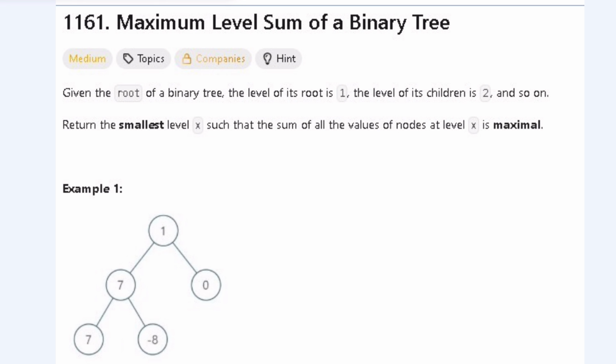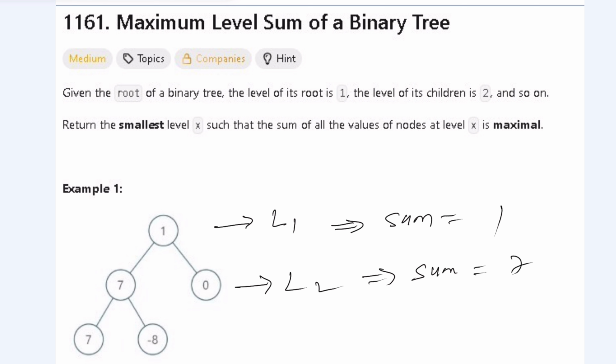Okay, so here this is L1, we can say level 1. If you want to find the sum, the value is 1. At level 2, L2, the sum is 7. At L3 the sum is 7 plus -8, which gives you -1.